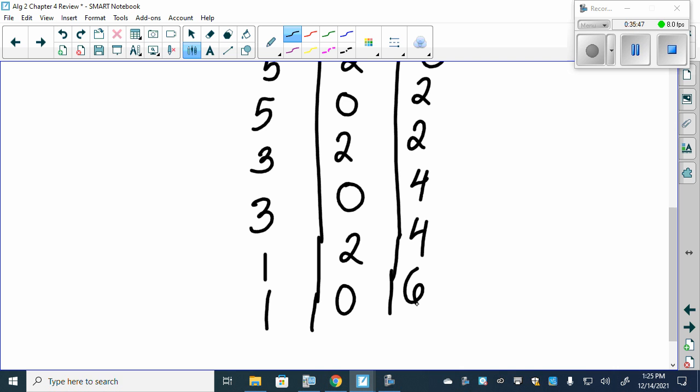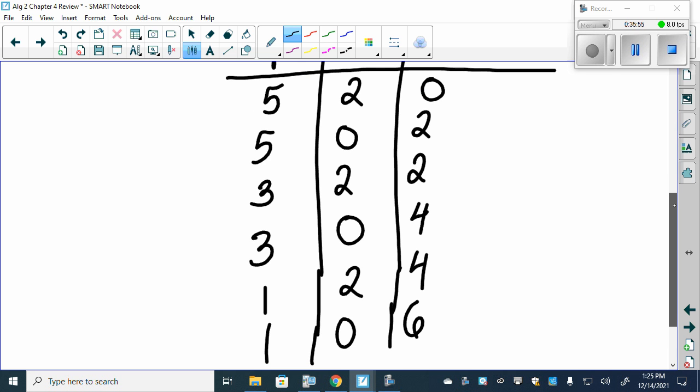Now at this point, I can't decrease the positives or negatives any further, so this chart here is the solution. We wanted to list it as a chart, not just that the positives are 5, 3, and 1, and the negatives are 2 and 0.